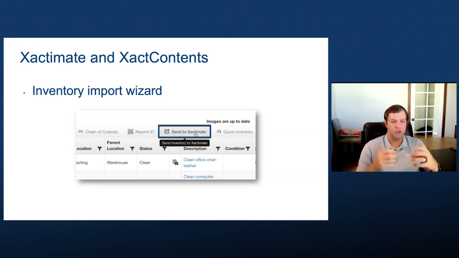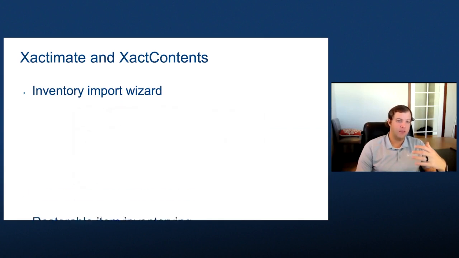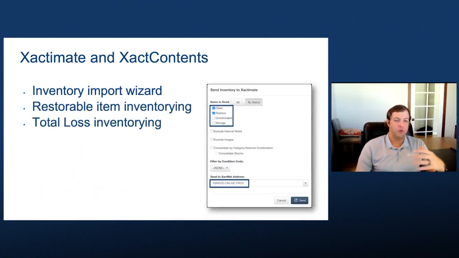If you're a contractor and you need to build an estimate from the items that are restorable, you can hit Send to Xactimate and then choose Clean on this next screen. So if you're sending it to yourself and you're just doing the clean item estimate, you choose Clean, you send it to your ExactNet address. At the bottom of the screen there, I just type in my ExactNet address and then I hit send.